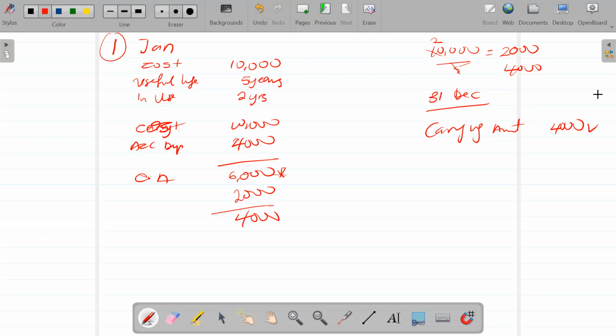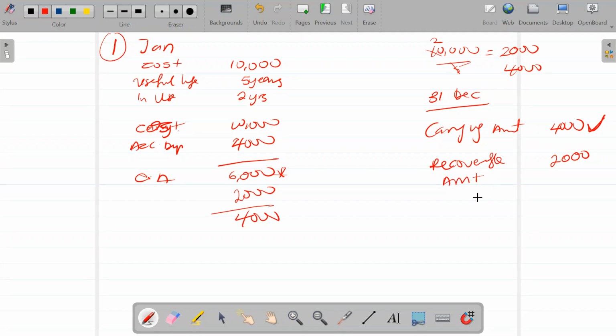The recoverable amount is similar to the fair value, how much you get from the asset. So if the carrying amount is 4,000 and the recoverable amount is maybe 2,000, the standard says we should use the lower.